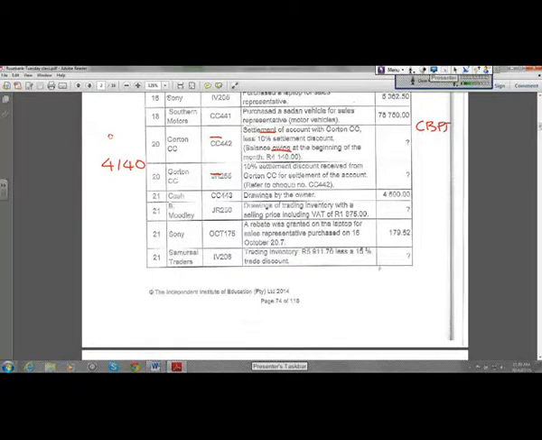So if you're calculating 10%, if you take off the last zero, then the remaining value becomes your 10%. So in this instance, our settlement discount will be 14. All right, so let's try to get our calculator.